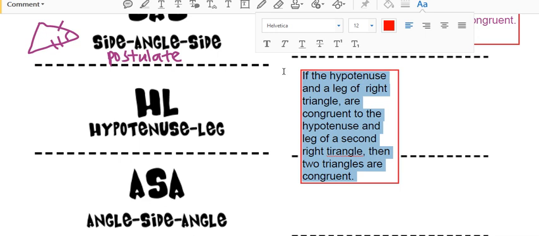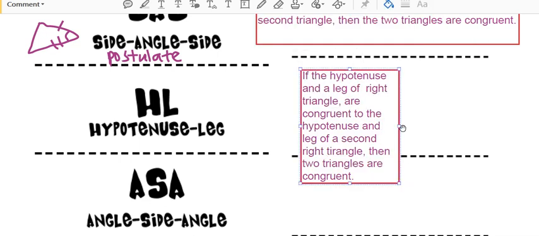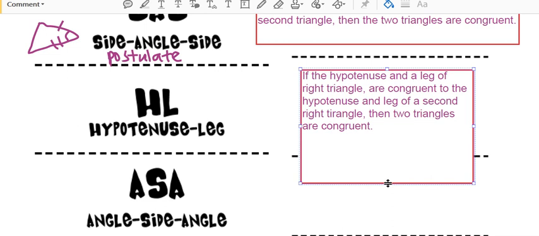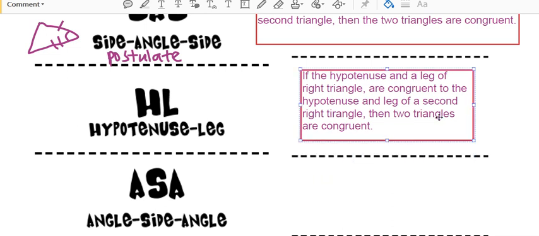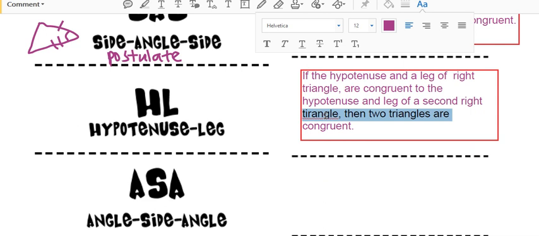So again, it says if the hypotenuse and leg of a right triangle are congruent to the hypotenuse and leg of a second right triangle, then the two triangles are congruent. All right, so I'll pause and you can put that down.